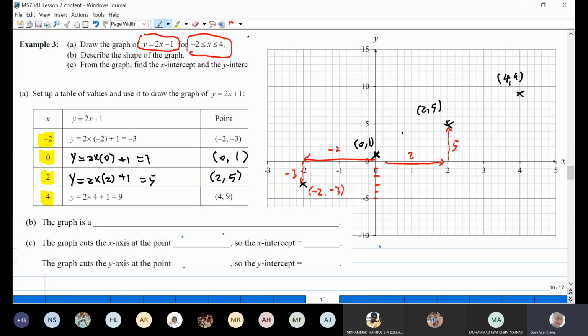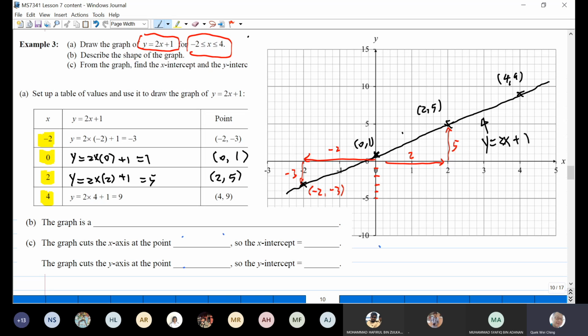So we get all these 4 points, and can join them together by a straight line. You can use the ruler, then you can see that this is already a straight line. So this is the graph of y equals 2x plus 1.